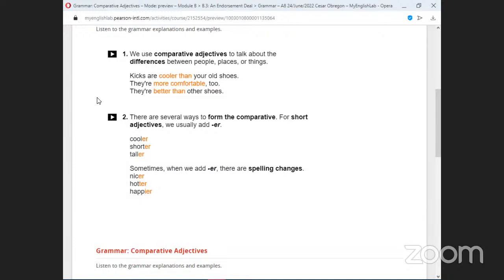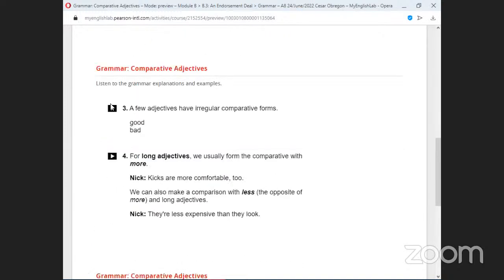All right. Let's go now to the third row. A few adjectives have irregular comparative forms. Good, better. Bad, worse.